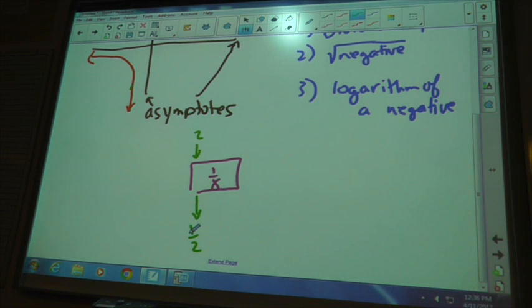It's a reciprocal. What if I wanted 3 to come out? What would I put into it? 1/3 goes in, flip it, 3 comes out. Is there any number that can never come out of here? 0. Right? 0.